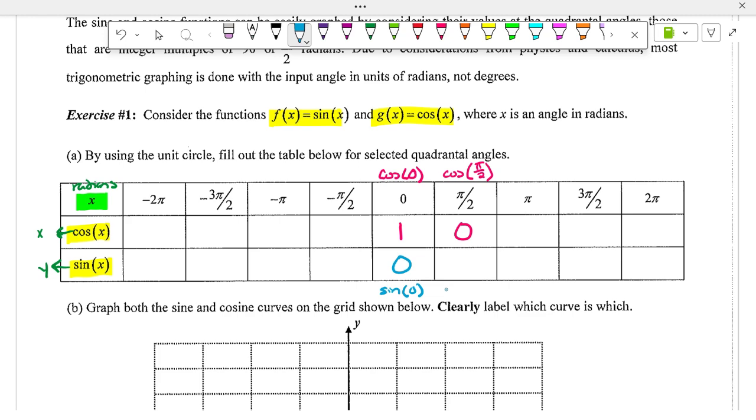What about the sine of pi over 2? 1. All right, we're going to keep doing it. What's cosine of pi? Go look where pi is on the unit circle. What's the x value of that? -1. What about sine of pi? 0.